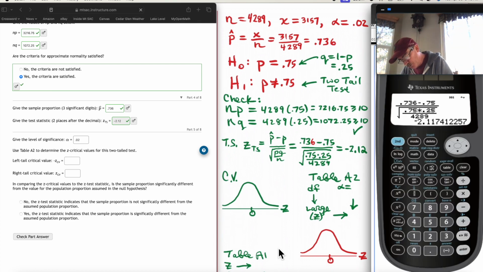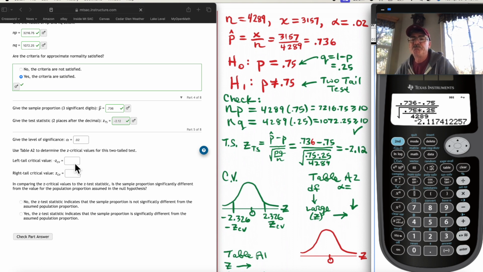So I'm going to put two critical values, 2.326 and negative 2.326, like that. Okay, that's the z critical value and the negative z critical value. Okay, and so we'll put those in.